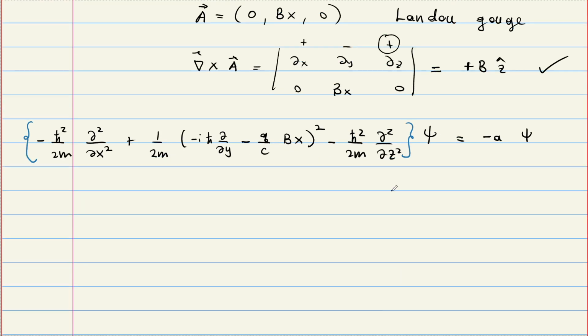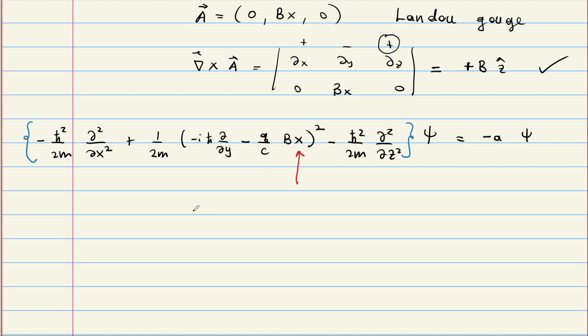Now I look at this entire operator: there is a derivative of x, a derivative of z, but there is only one x-dependent quantity, right? The x-dependent quantity is here, and there are no other y or z-dependent quantities here.